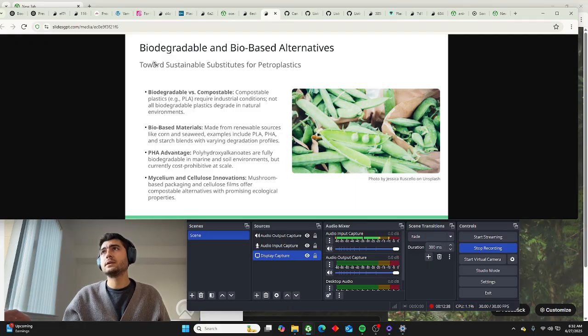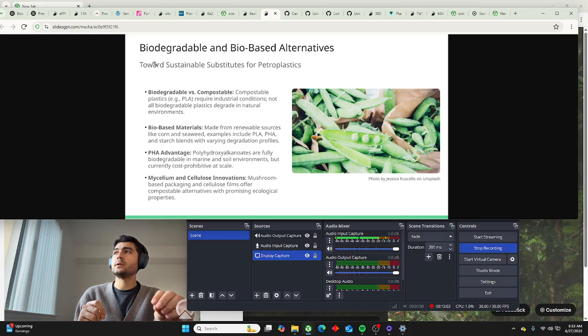So now let's check into the biodegradable and bio-based alternatives. There are some compostable plastics, something called PLA, that require industrial conditions. Not all biodegradable plastics degrade in natural environments, and we need to be careful when we are buying something and it says biodegradable or compostable.